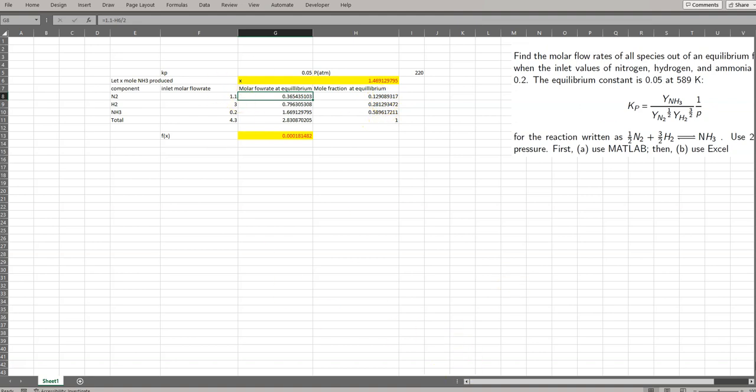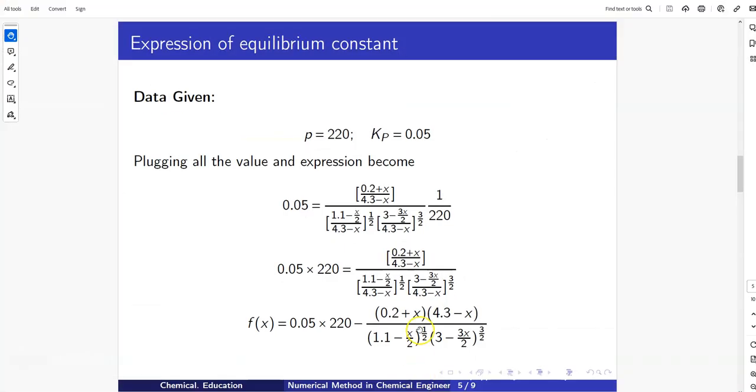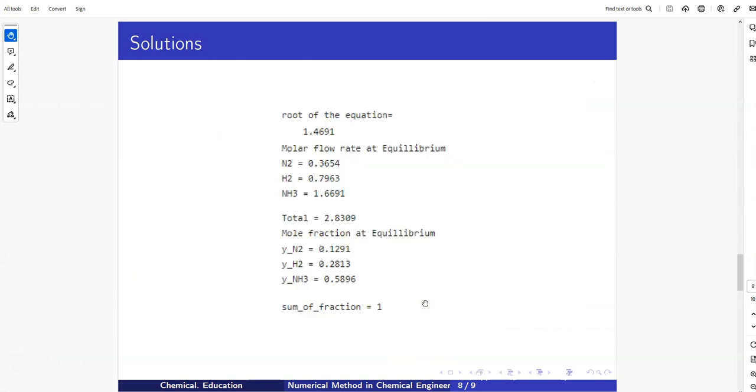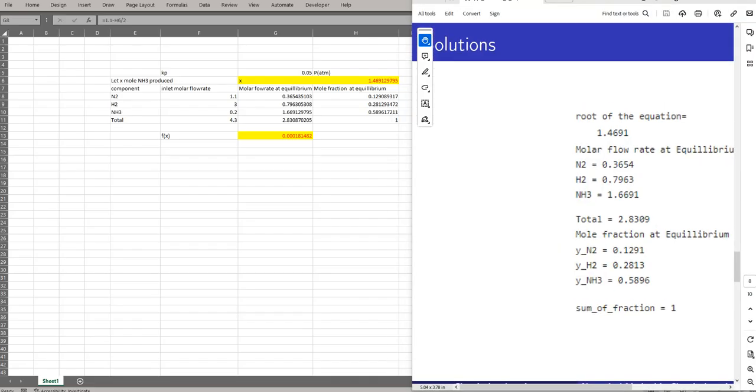I think we solved exactly this using MATLAB, so you can tally with that.